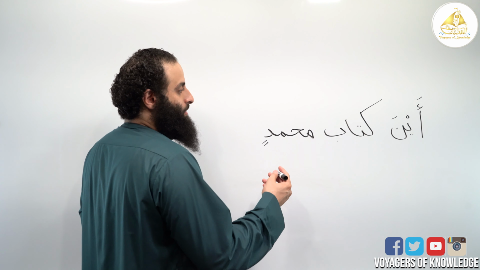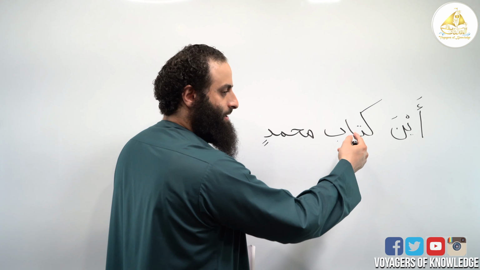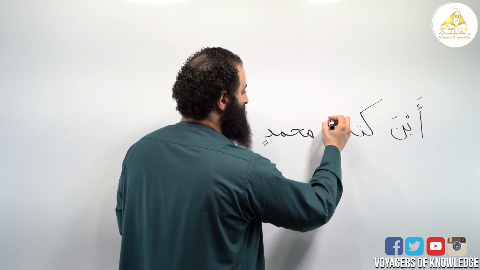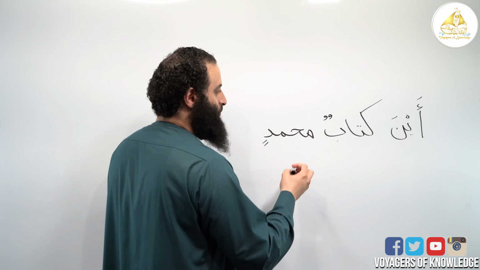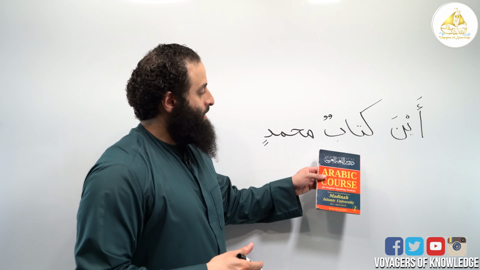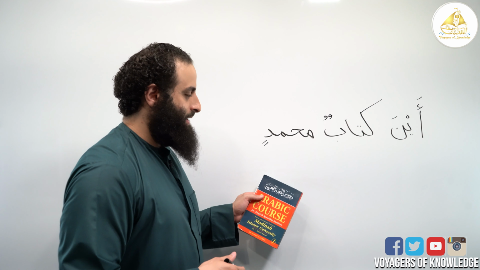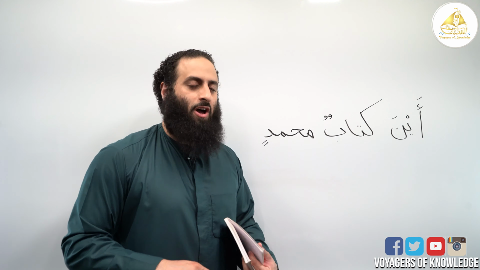Okay, here we go. Where's the mudaf here? This is a nakira. Nakira means indefinite. So we're supposed to end with a tanween when you say kitabun, indefinite. So now we have aina kitabun Muhammadin. Something about that feels off.